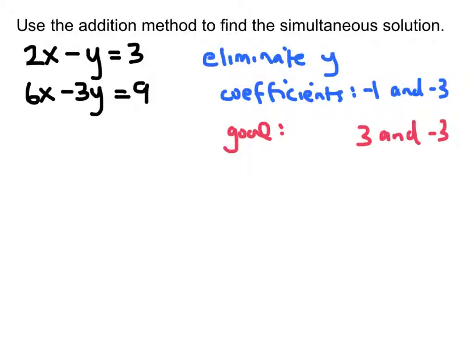And that would mean that I would need to multiply -1 by a -3 so that I can make a +3. So that means this first equation is going to get modified by multiplying both sides of the equation by -3.